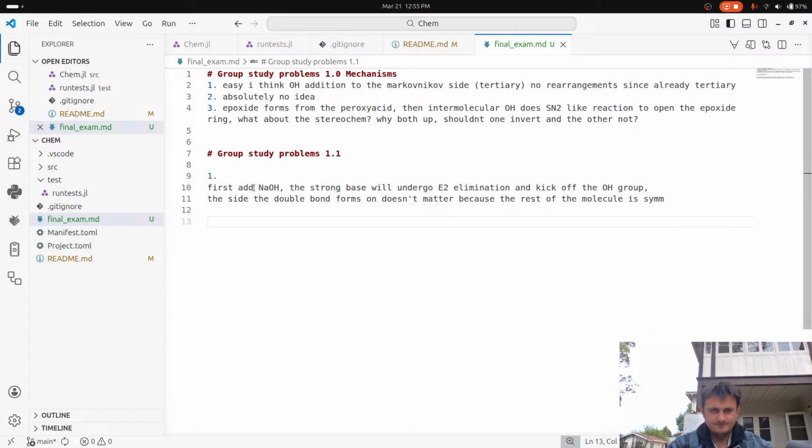So that's A. B, add HBr in H2O2, ROOR. This gives the anti-Markovnikov product. Anti-Markovnikov hydrohalogenation.